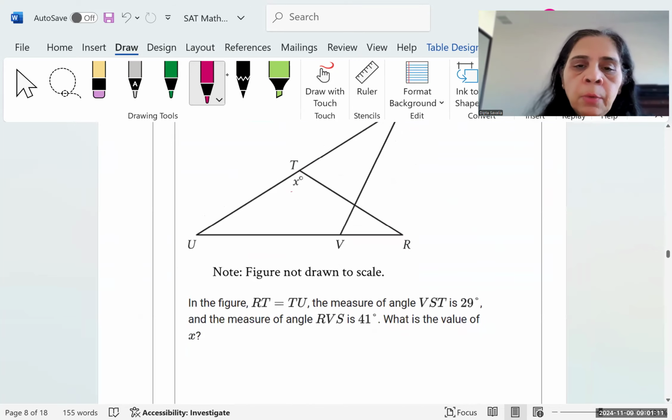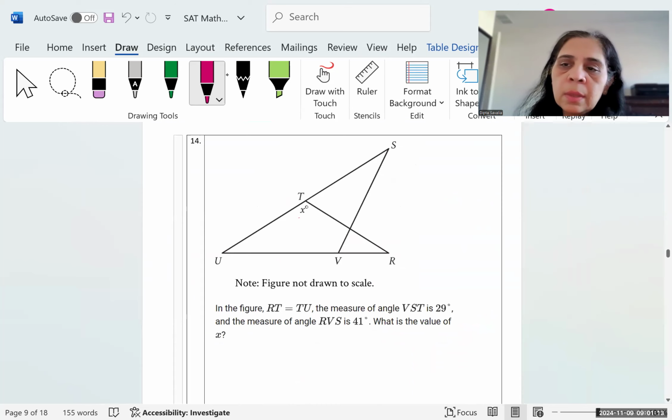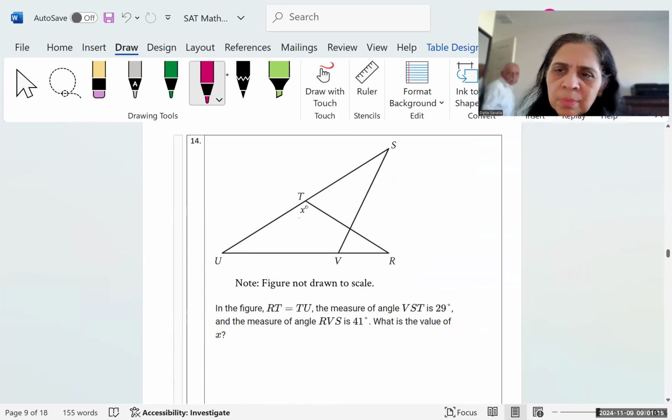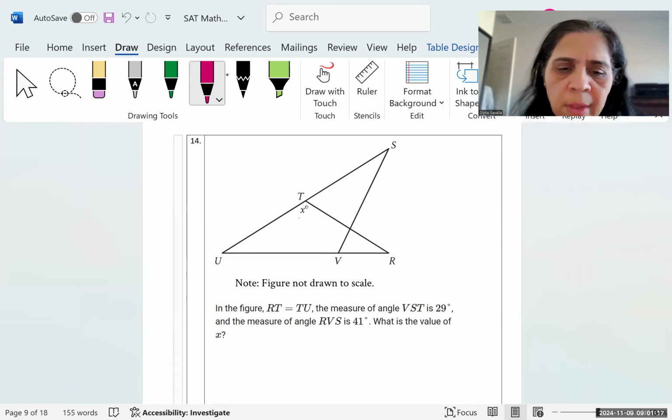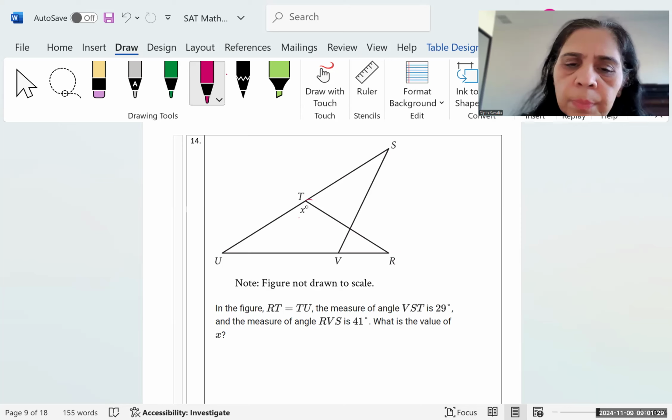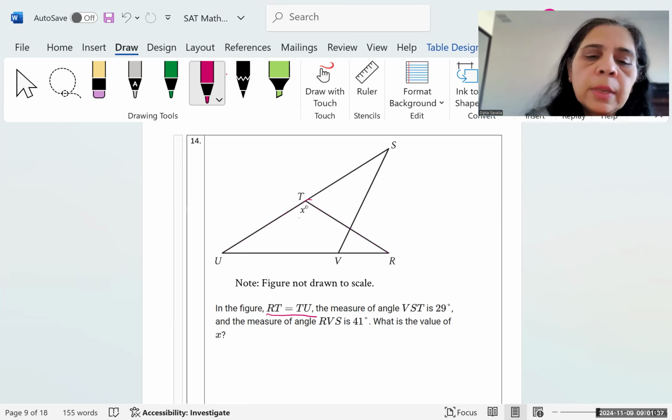All right. Here we have another angle. We have another angle here. So we have a triangle, and in the figure RT equals TU, so RT and TU are congruent. We can make just one mark here.